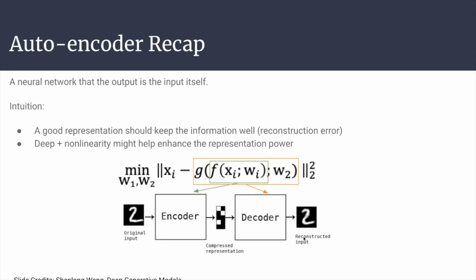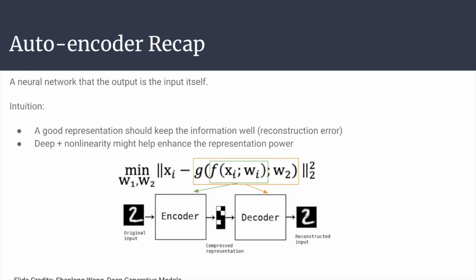We can also call it the reconstructed input. And of course, we will have a loss function, which is also called reconstruction loss. This loss measures how well the decoder is performing and how close the output is to the original input.